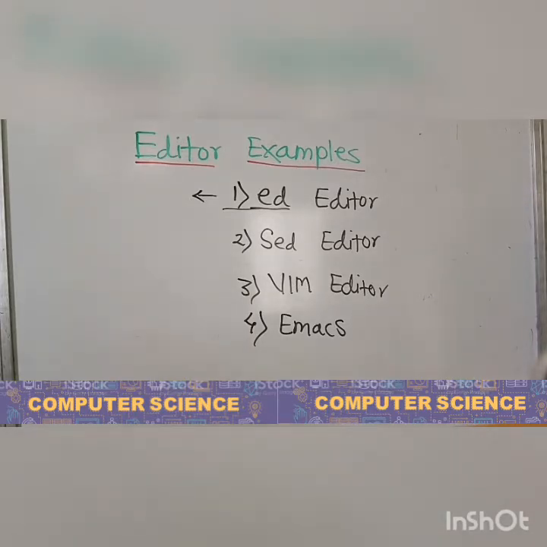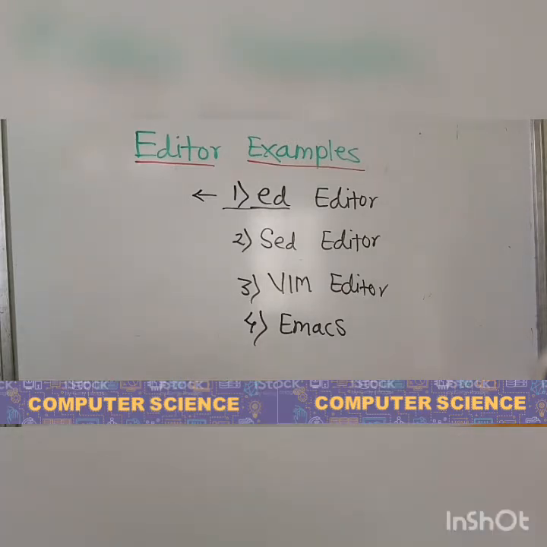The SED, as the name specifies, is the stream editor, and the ED editor was a type of line editor. So SED, the stream editor, is much different as compared to normal interactive text editors. Suppose VIM is an interactive text editor which we are also calling the VI editor.